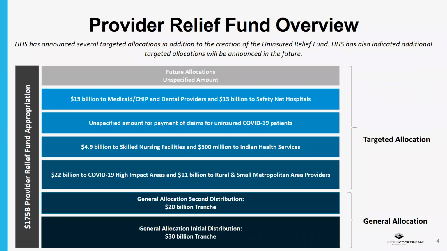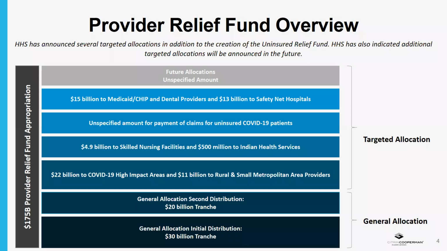Those were subject to application, in various forms, and really trying to target providers that have been most impacted by the COVID crisis. To date, about $116 billion has either been obligated or distributed. There's $175 billion in the entire fund.